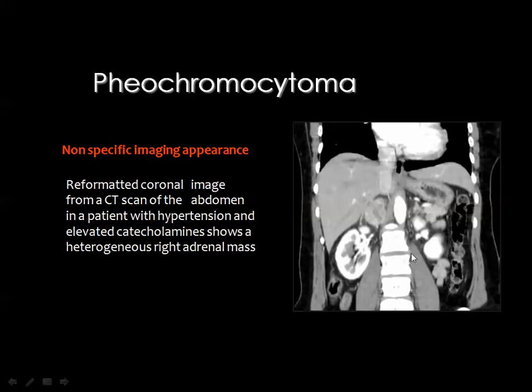And the coronal CT reformatted images after contrast injection show a right suprarenal mass representing a pheochromocytoma in this patient with hypertension and elevated catecholamines.